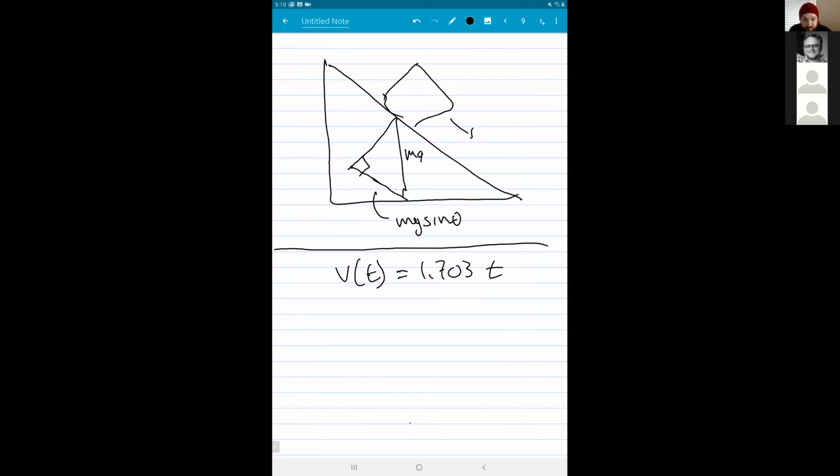And then for number 3 on the analysis, we have A of t, and that should just be 1.703, right? Okay, so what is the relationship between 1.703 t and 1.703?